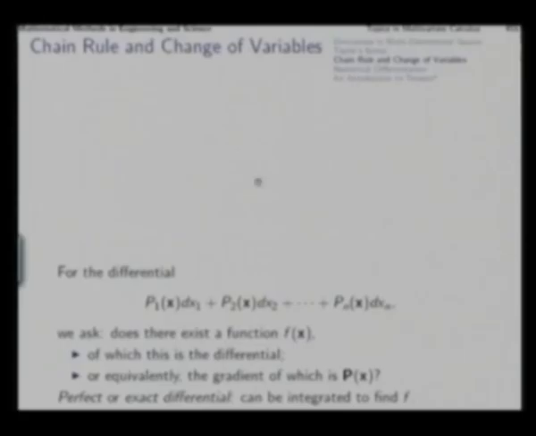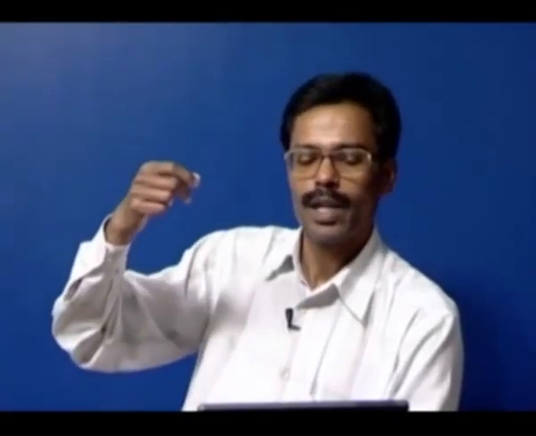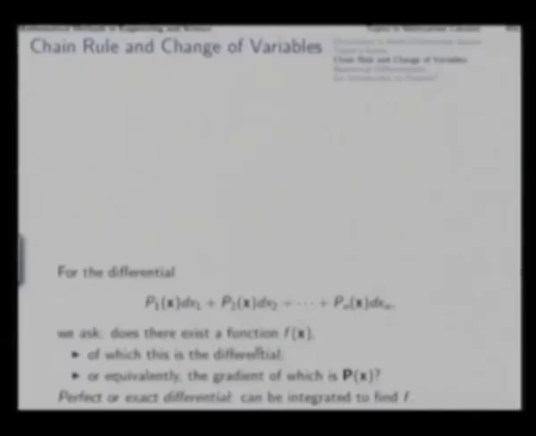Here, if we have a differential quantity, we ask the question: does there exist a function f(x) for which this is the differential, that is, for which df turns out to be this? Or equivalently, for which the gradient is the vector function p(x), the components of which are p1(x), p2(x) sitting here.